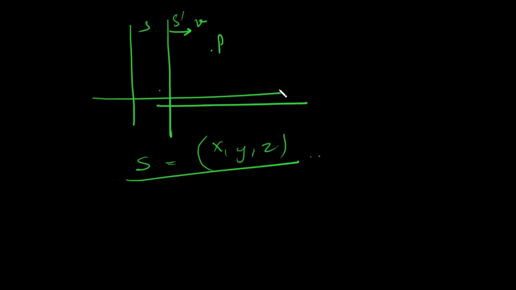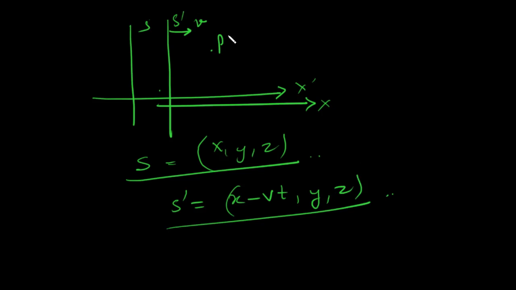Because it is going parallel to x, say this is x dash, this is x, this is going parallel to the x axis of S frame. This means the x coordinate will get reduced by vt. So the coordinates in the frame S dash would be x minus vt, y and z. These would be the coordinates of the particle P with respect to S dash.